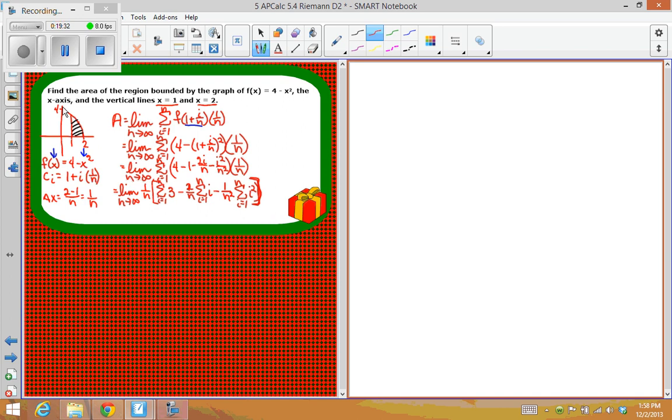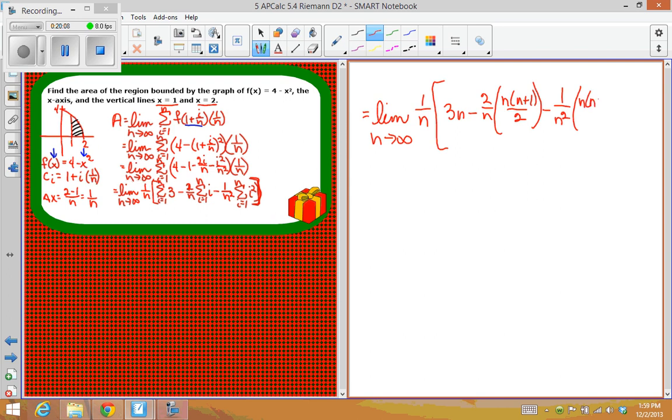All right, so that's going to be the limit as n goes to infinity of 1 over n times, my first one should give me 3n, minus 2 over n times your plain old i sum, which is n times n plus 1 all over 2, minus 1 over n squared times, and your i squared one is n times n plus 1 times 2n plus 1 all over 6. And I think that will do that.